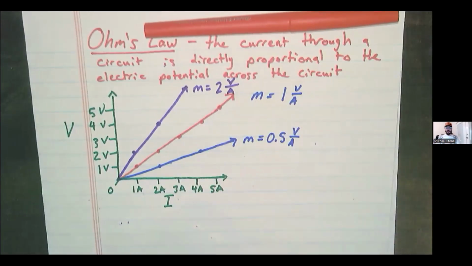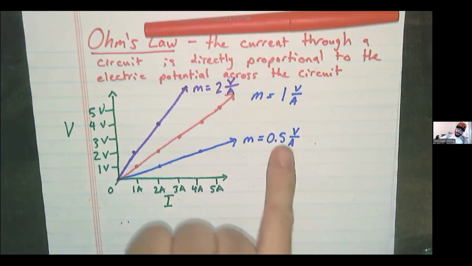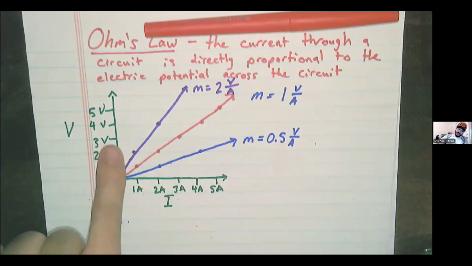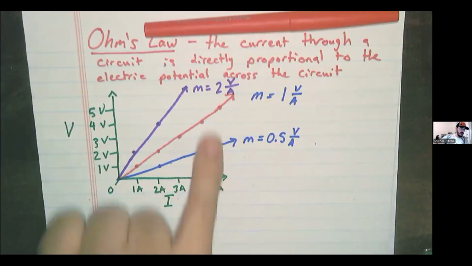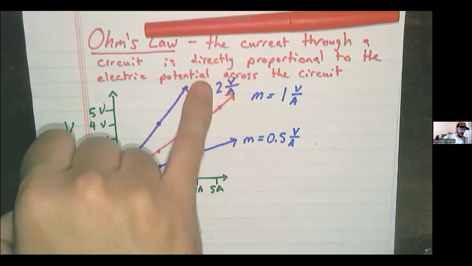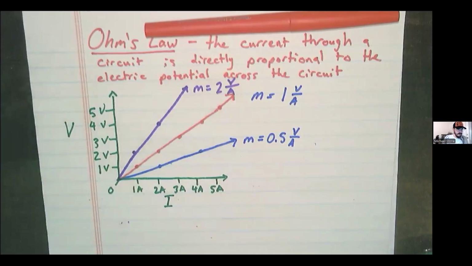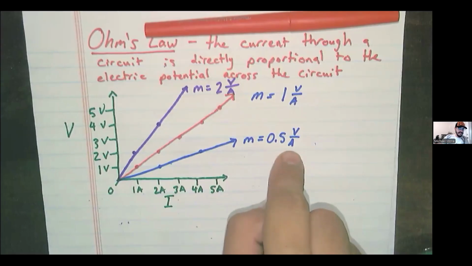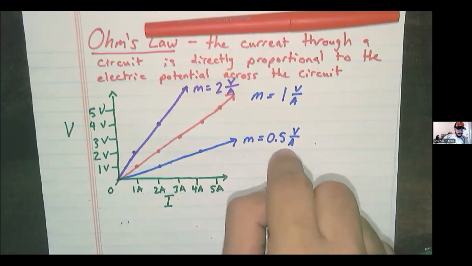Now, which one of these circuits fights against the voltage least? This one. A little bit of voltage gets you more flow. This one, it takes 4 times as much voltage to get the same amount of current. So this one works against the current less.